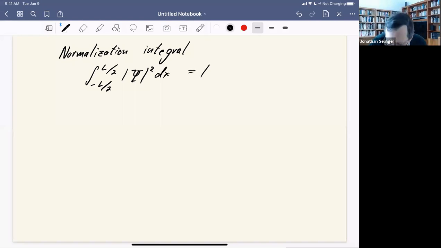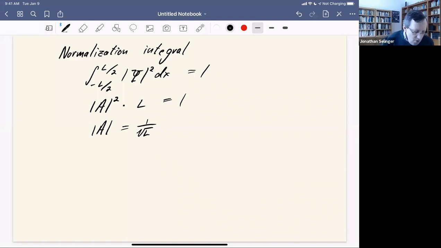Okay, so that means then that this magnitude of A squared times the distance that we're integrating over, which is L, has to be equal to 1. Right? So if we solve for the magnitude of A, it has to be 1 over the square root of L.